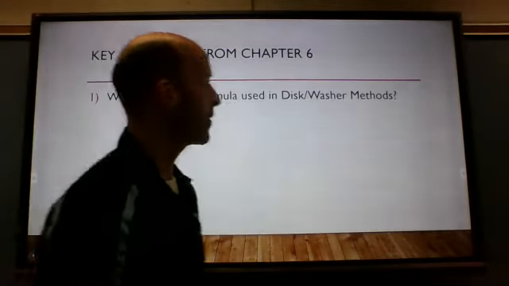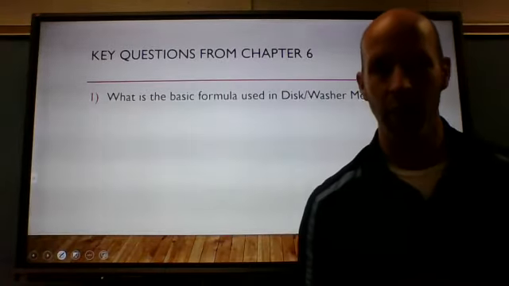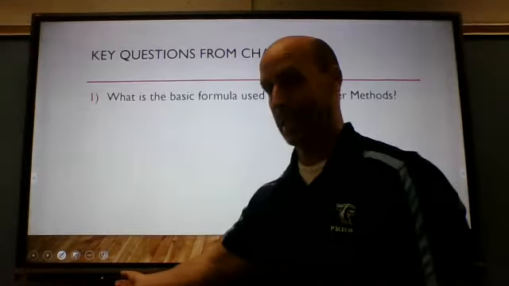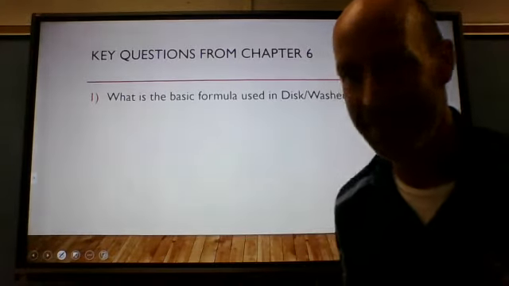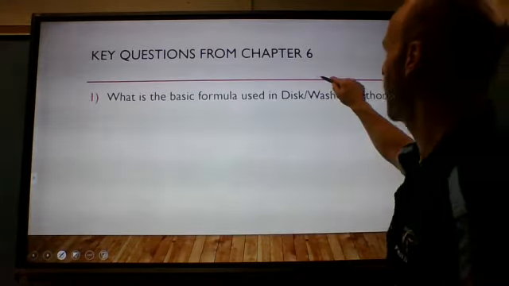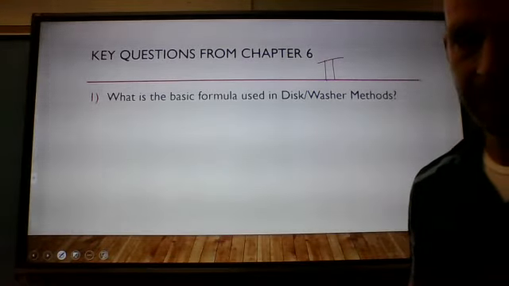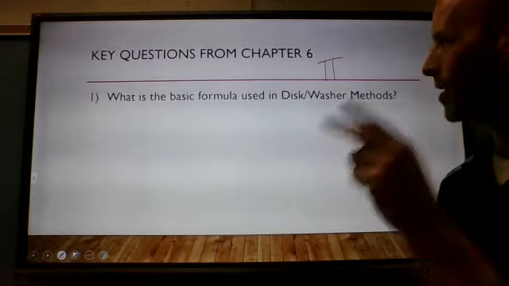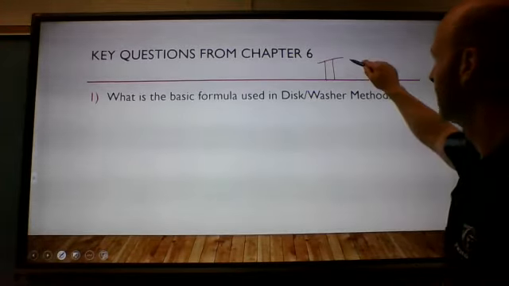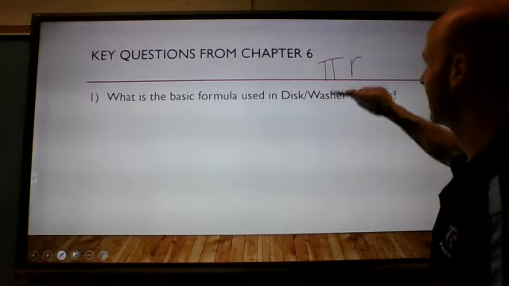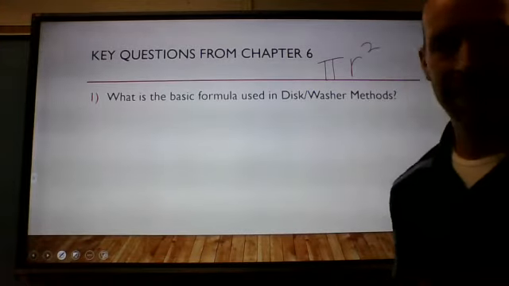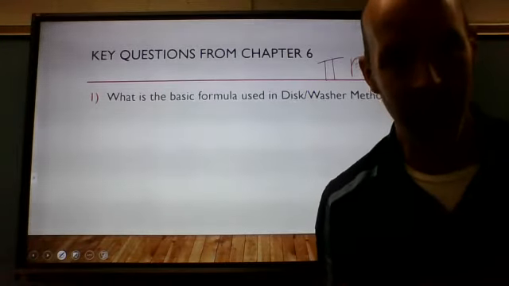What is the basic formula in both the disk and the washer method? I'll give you a hint. Integral and then integral. No, I don't want the integral. Pi r squared.